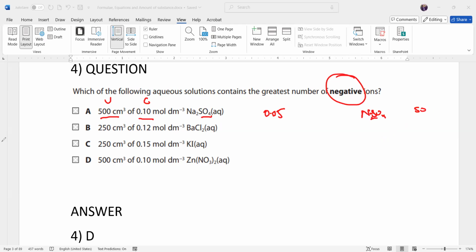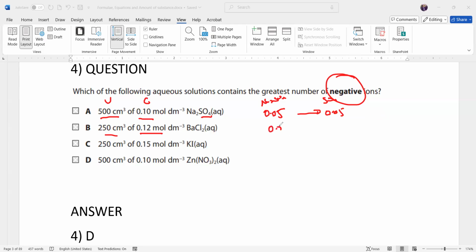So it will be the same, 0.05, for the sulfate ion. These are the moles of the compound Na2SO4, and then the moles of the negative ion will also be the same because the ratio is 1:1. What about option B, the concentration times the volume? So 0.12 multiplied by 0.25, 0.03.